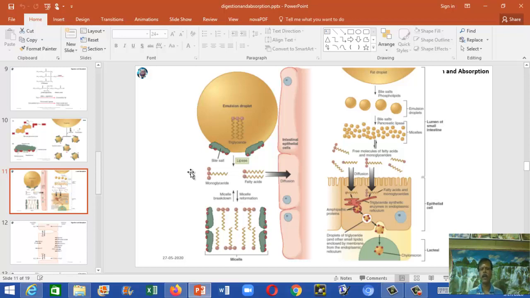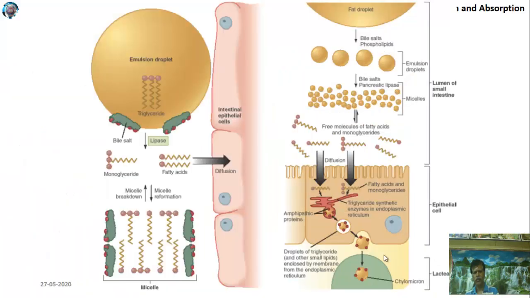Okay, so they are acting on these lipid molecules, and they will digest the lipid molecules into fatty acids and glycerides, and these glycerides and fatty acids, after their absorption through the brush border transporters inside the intestinal epithelial cell, again come together to form larger, complex molecules, which form a specialized structure known as the chylomicron. And this chylomicron is then transported to the liver through the lacteals.